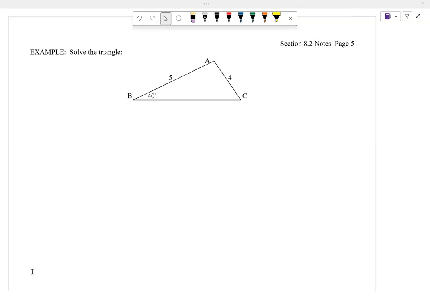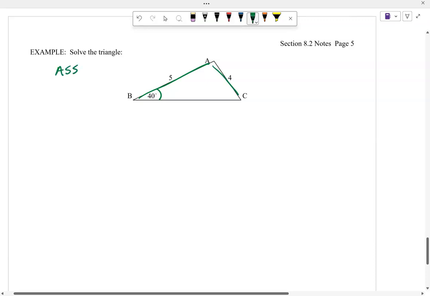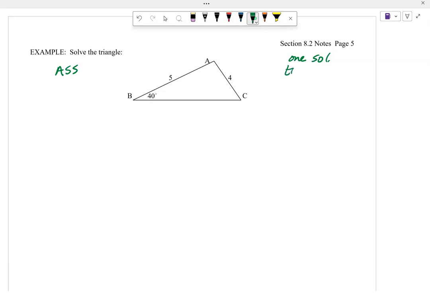All right, let's look at this last example where we've got an angle, a side, and a side. Law of sines, pain in the butt again, ASS again. So we got to determine if it's one solution, two solutions, or no solution again, right? And let's go ahead and put in our letters here. And let's start out solving this thing.